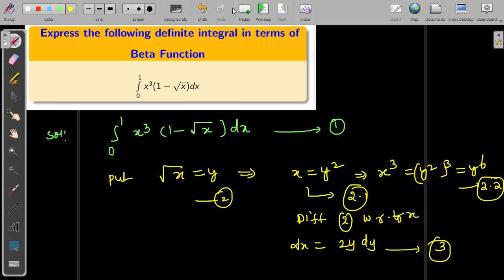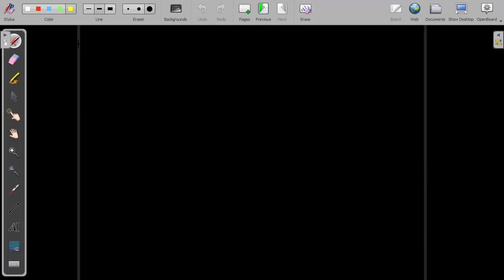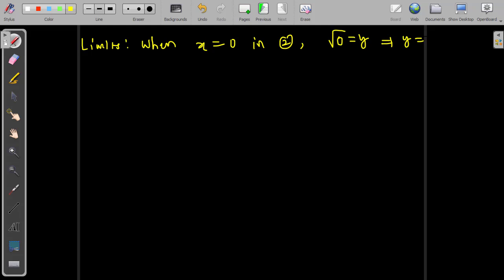Now the next step is limits. Lower limit: when x equals 0, in equation number 2, we have root x equals y, which means root 0 equals y, which gives y equals 0.